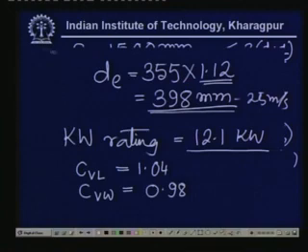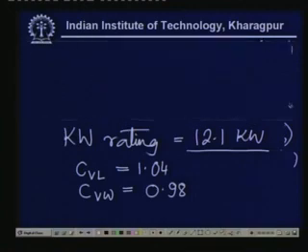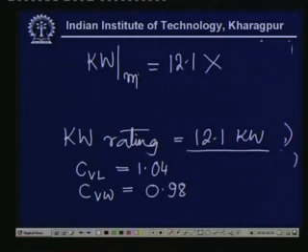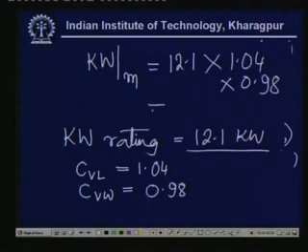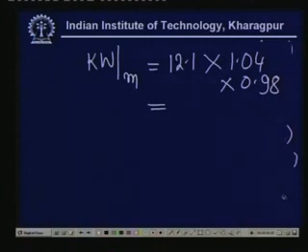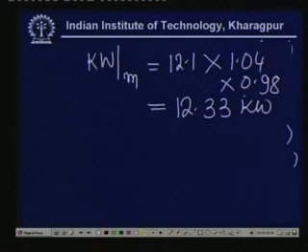We understand that the modified, or corrected, kilowatt comes out to be 12.1 multiplied by 1.04 multiplied by 0.98, all these factors taken together, and that comes out to be equal to 12.33 kilowatt.